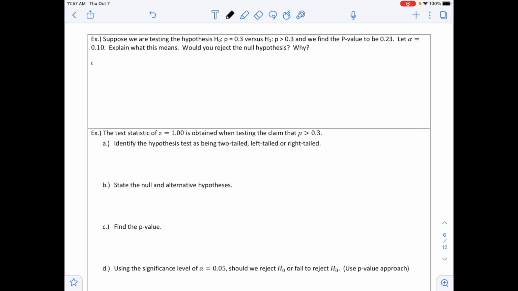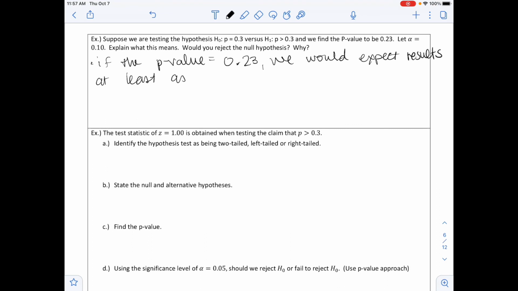First one, what does it mean? So this says, if the p-value is equal to 0.23, we would expect results at least as extreme as the test statistic in about 23% of the samples.